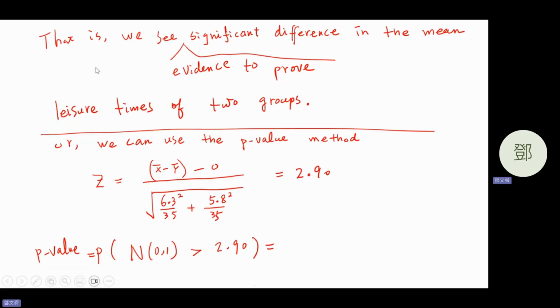Yeah, and 0.0019 is smaller than 0.05. So reject the null hypothesis.